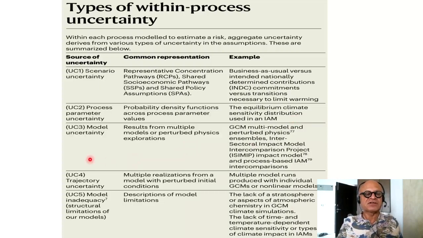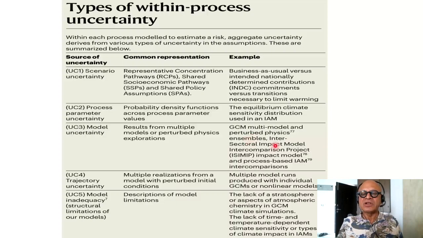Model uncertainties themselves result from multiple models or perturbed physics explorations. Perturbed physics is where you change certain parameters like convective parameterizations, biological feedbacks on and off of the CO2 feedbacks from vegetation to climate, for example, and so on.